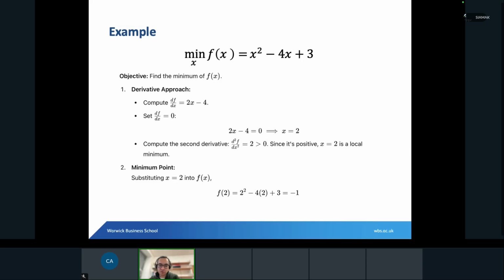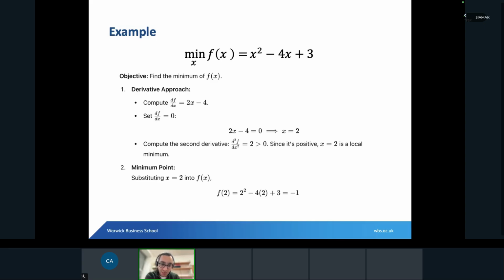And depending on the function that you have, when it is equal to 0, that's why when we have greater than or equal to 0, we call it convex. When it is greater than 0, strictly positive, we call it a strictly convex function. When it is equal to 0 for some points, you can't guarantee if it is a minimum or maximum. So if the second derivative is greater than 0, it is convex.